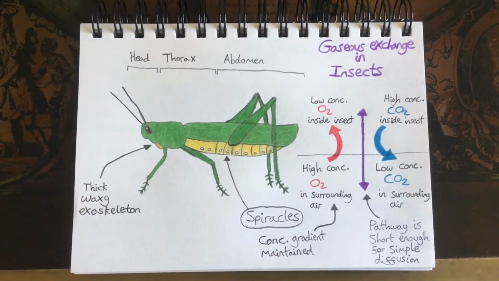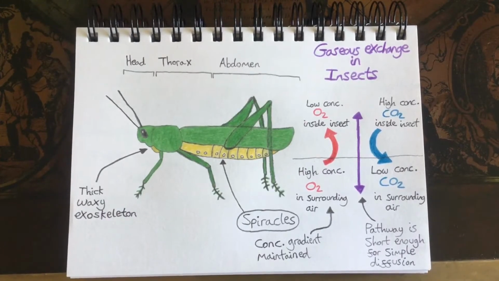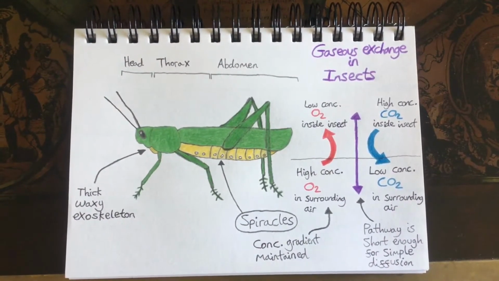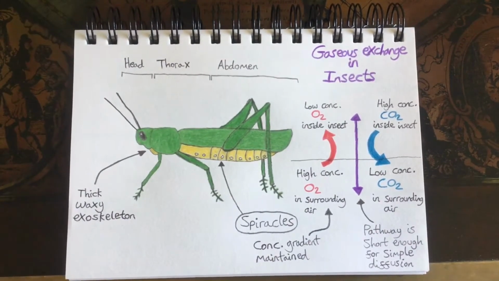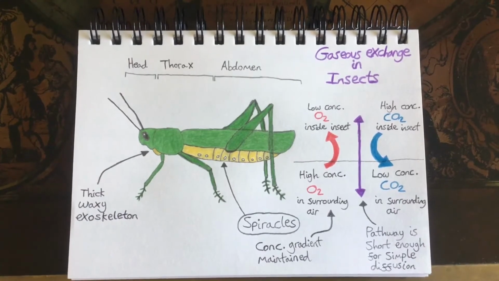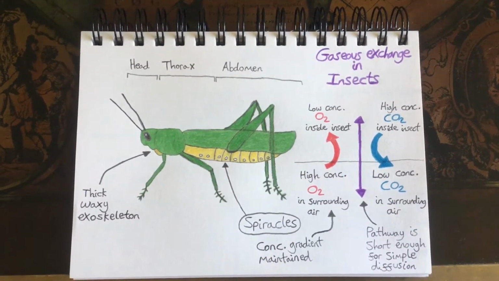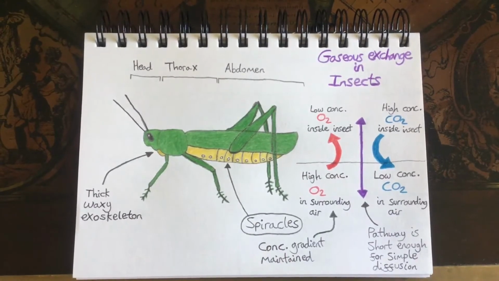So, looking at gaseous exchange in insects, I'll be using a grasshopper as a model organism. The main point to get across here is that although insects are multicellular organisms, they are actually small enough for oxygen and carbon dioxide to be transferred between the inside of the organism and the external environment by simple diffusion.